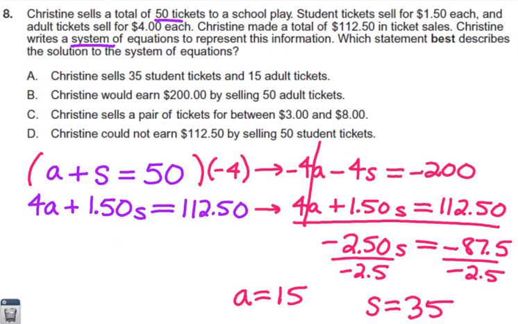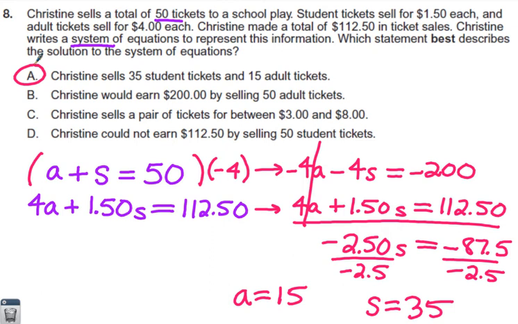Hindsight being 2020 here, you probably could have figured out that it was A just by seeing that it's the only answer that was actually describing a solution to the system. I think it was good practice, and I don't regret doing this the long way.